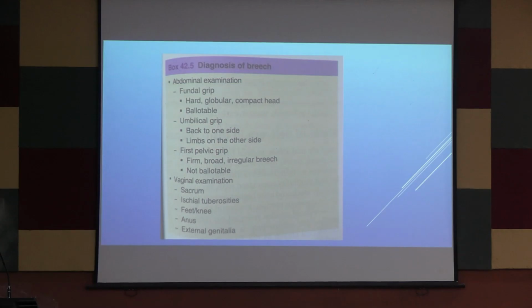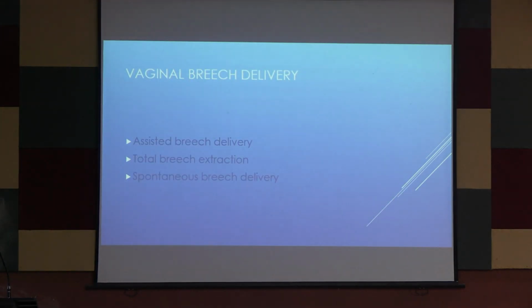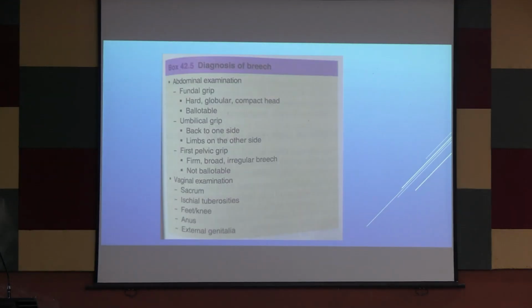First pelvic grip: there will be a firm, broad, irregular breech. It will not be hard like the head and not ballotable. First pelvic grip: firm, broad, irregular breech, not ballotable. But in fundal grip, that is ballotable.